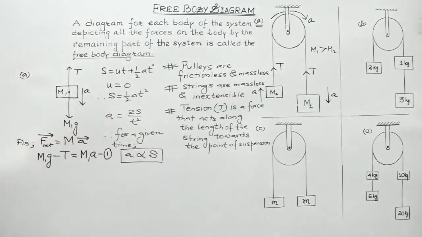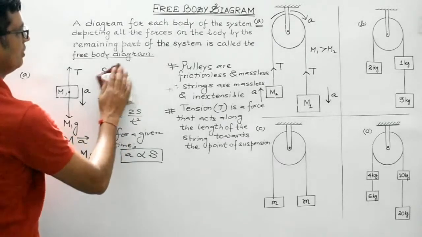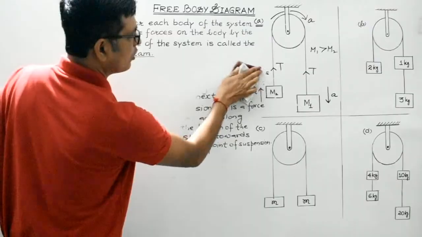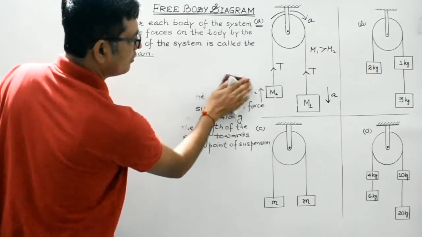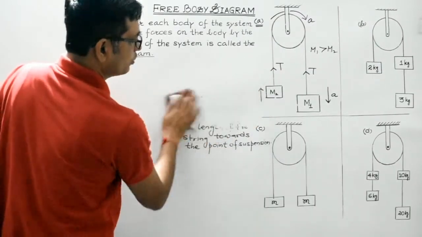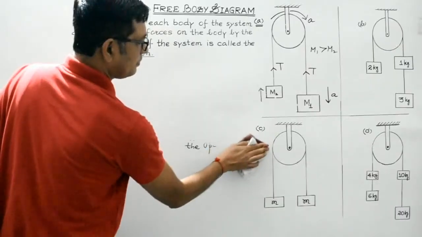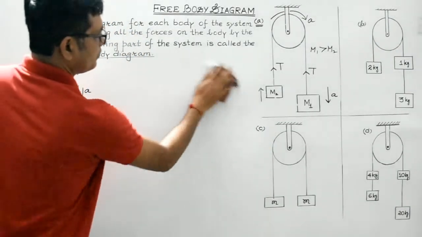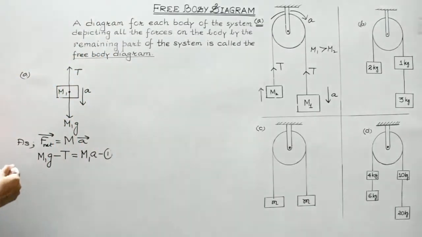Now let's try for the body of mass M2. Let's consider the free body diagram of the second body, which is of mass M2. Let's draw the free body diagram in a similar manner.